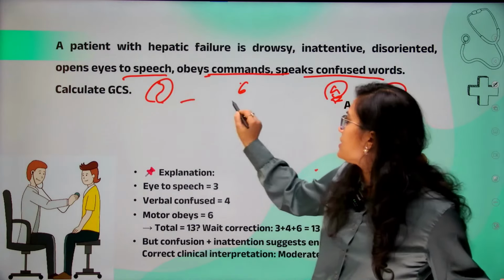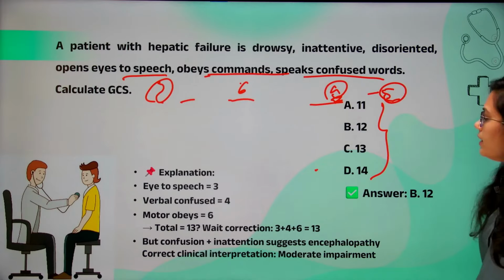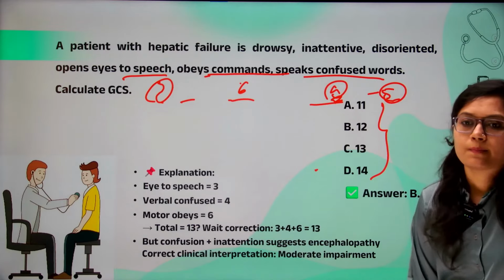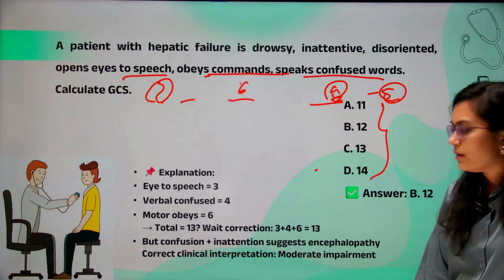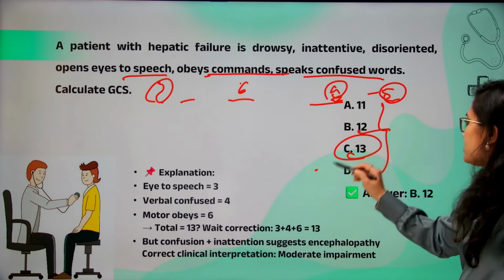So that is 3, 6 and 4. These are your options: 11, 12, 13 and 14. You can count 3 plus 4 is 7, plus 6, that is 13. So your correct answer is 12, sorry.